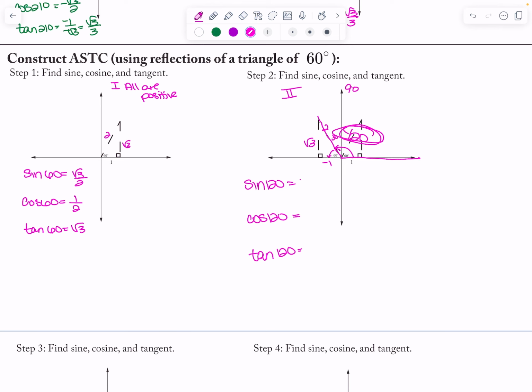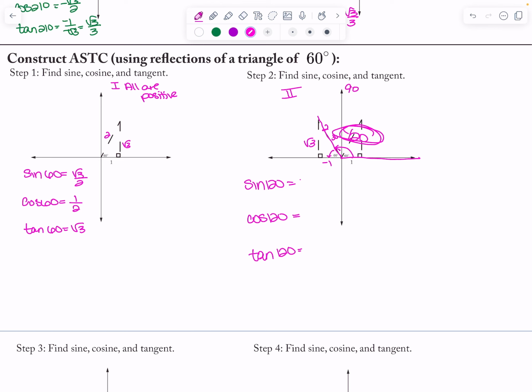And then I can use the fact that I'm figuring out whether all are positive in quadrant 1 or in quadrant 2. You should see sine as positive and everybody else is negative. But you can reduce these down pretty quickly without a calculator. But again, if something doesn't work into a 30, 60, 90, or 45, 45, 90, I'd have to have you guys use a calculator for it.